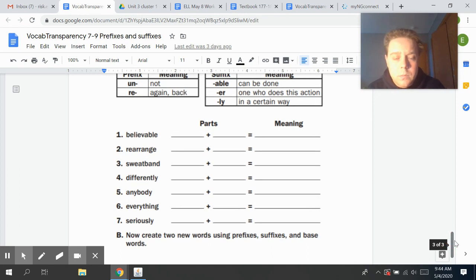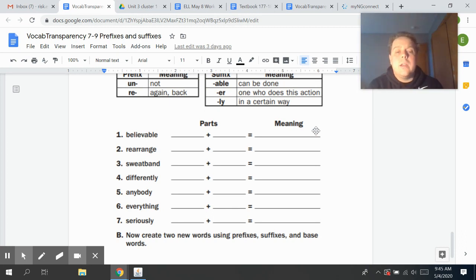So look at number one here. Believable. Okay, so believe plus able. So if something is believable, you're able to believe it. So somebody says something that makes sense. If I say something that makes sense, you could say it is believable. You are able to believe it.